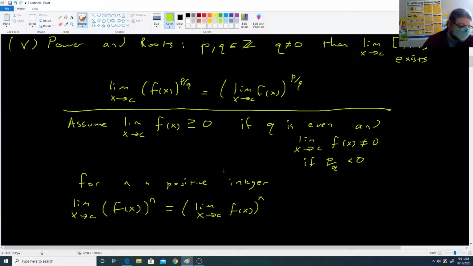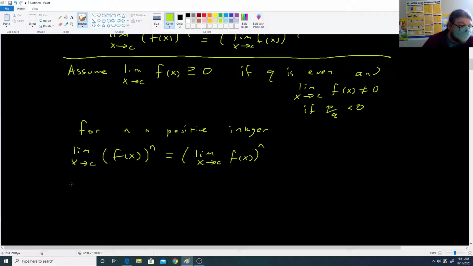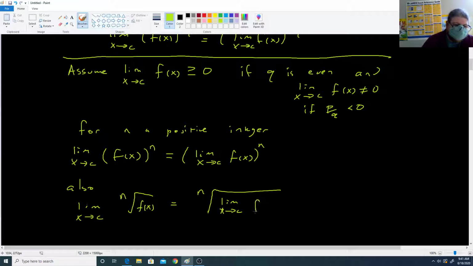And we also get the limit as x approaches c of the nth root of f of x equals the nth root of the limit as x approaches c of f of x.